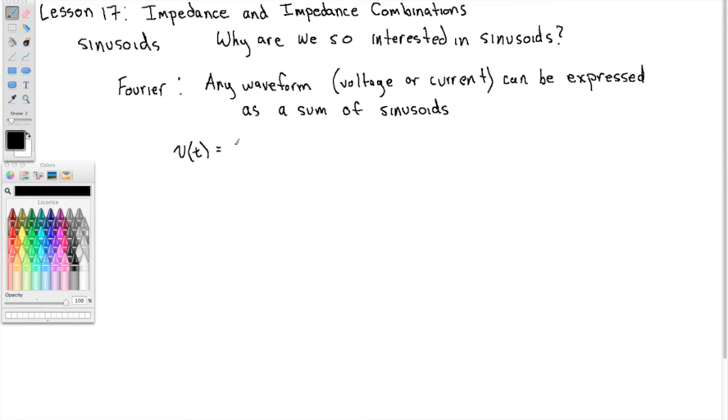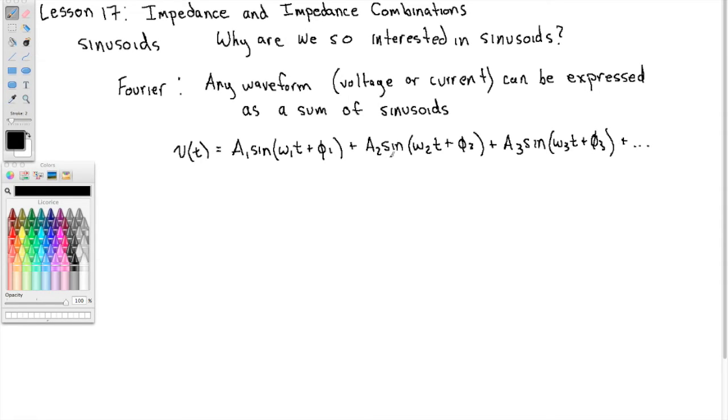Well, it turns out you can write it like A1, some constant A1 times sine of some frequency, omega 1, plus some phase, phi 1, plus another sinusoid, call it A2 sine of omega 2 plus phi 2, plus A3 sine of omega 3 t plus phase 3, and so on. Any waveform can be expressed like this.